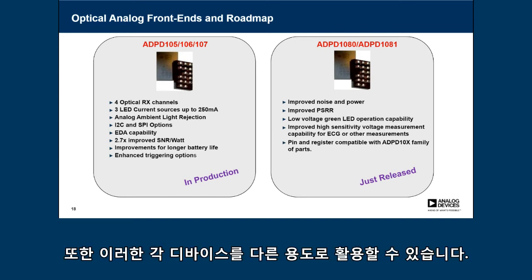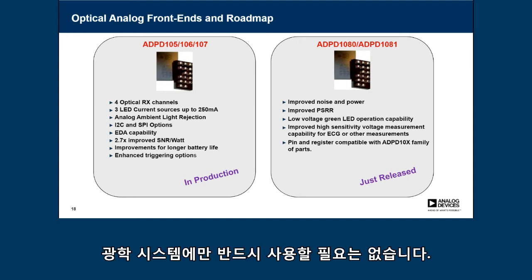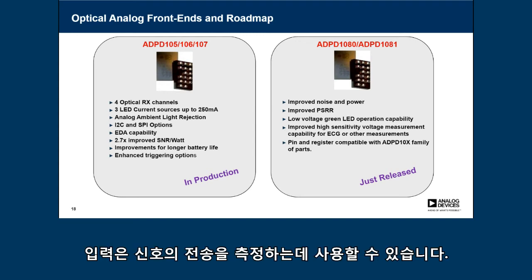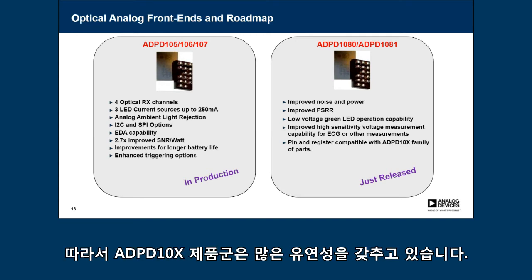There are also additional opportunities with these devices, so you do not necessarily have to use them in an optical system, but the inputs can also be used to measure other sensor signals. So there is a lot of flexibility integrated in the ADPD10X family.